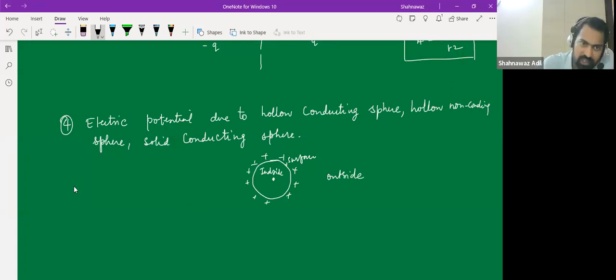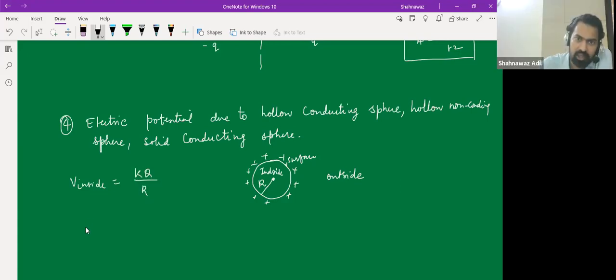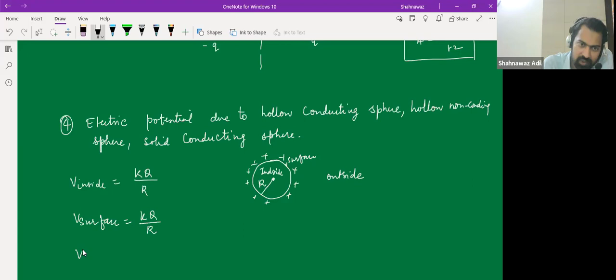So what was V inside? Let's say this radius is R. So what was V inside, Aisha? KQ by capital R. And what was V surface? KQ by capital R. And what was V outside?